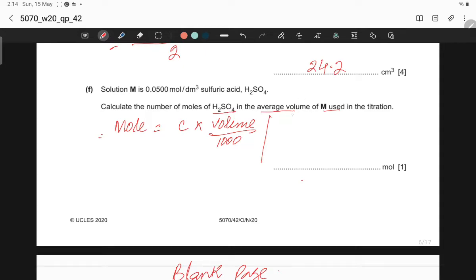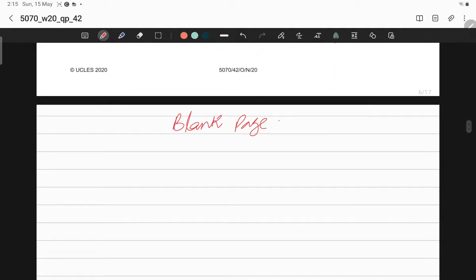So the concentration is 0.0500 multiplied by 24.2 divided by 1000, which is equal to 0.00121, or it can be written as 1.21 into 10 raised to minus 3.